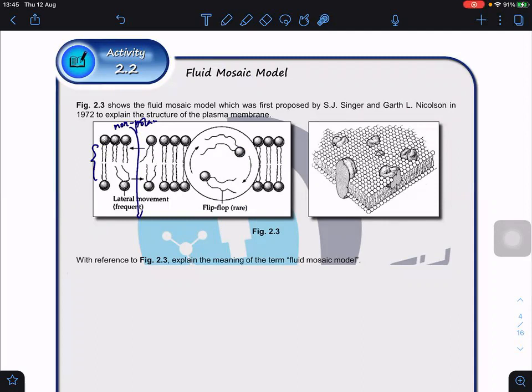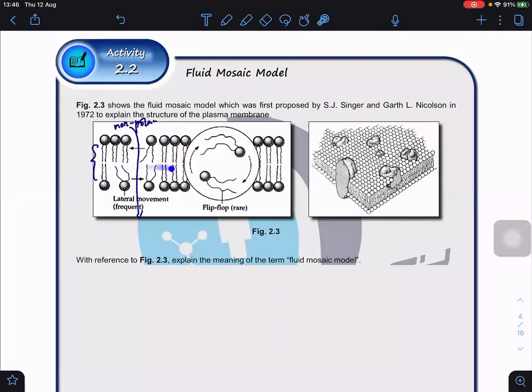And how about mosaic? Mosaic is something like a pattern. The arrangement of the proteins gives us the mosaic pattern. This fluid mosaic model was proposed by Singer and Nicolson in 1972 when they tried to explain the plasma membrane. The fluidity of the membrane is very important.